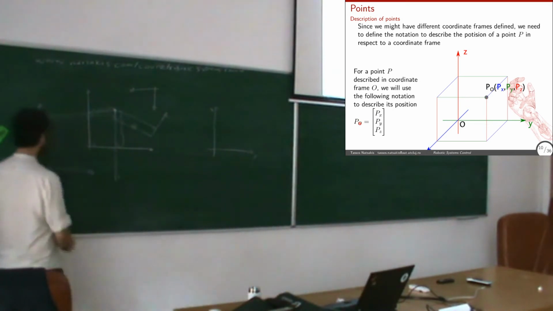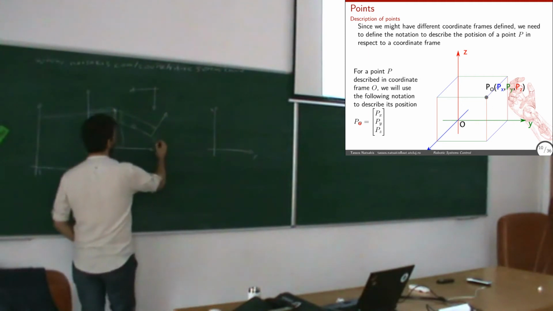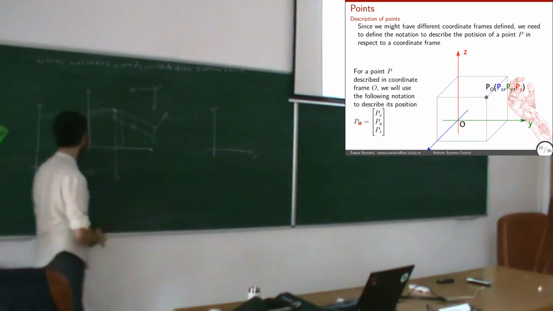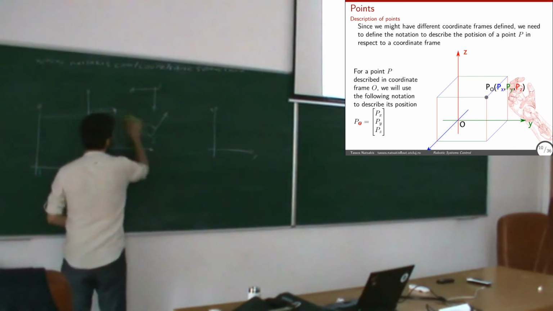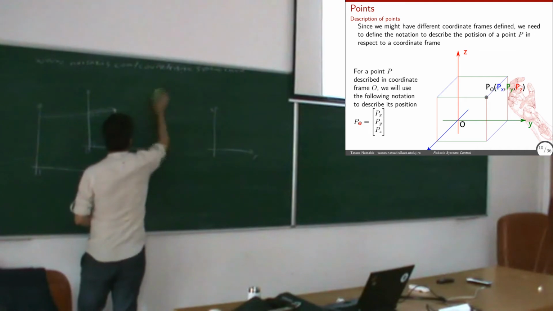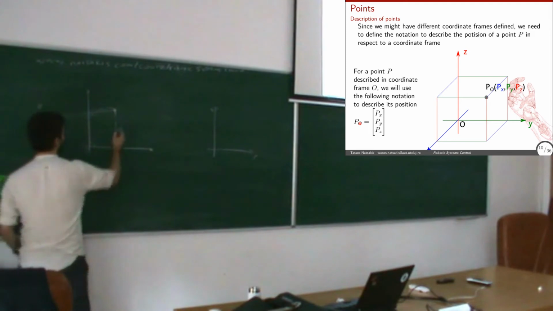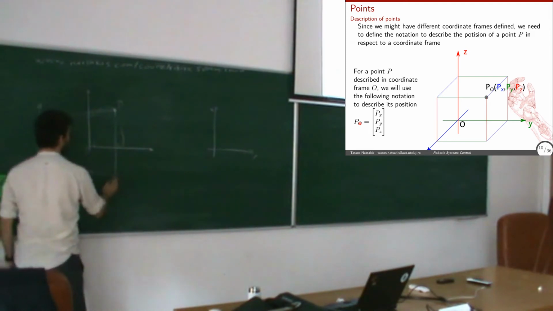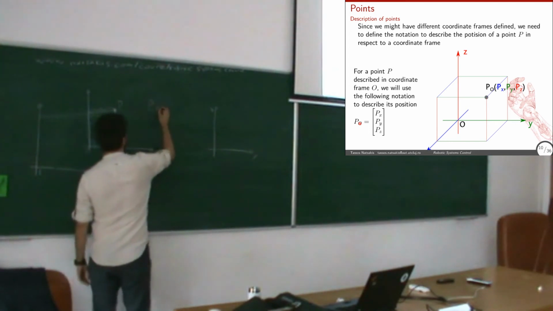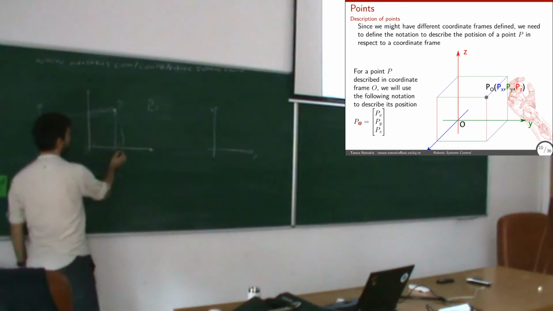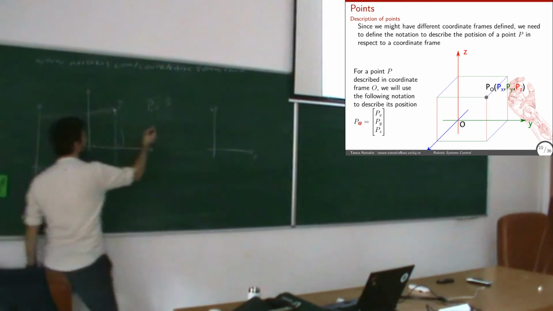So, for instance, here, if I had coordinate frame 0, coordinate frame 1, and a point. So this point has some coordinates in frame 0. So let's say P0 is 1, 2, 3, 4, 5, and so on.